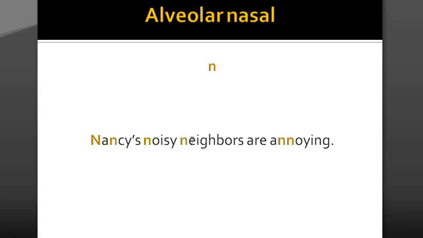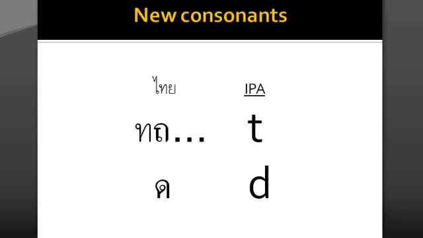You already know n. Next, I'll give you 2 more that you should already know. This is T and D. Okay? So the IPA letters, it looks like English T and English D. This is IPA T and D.